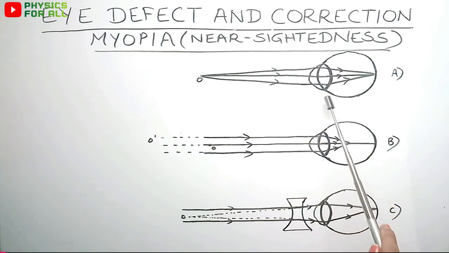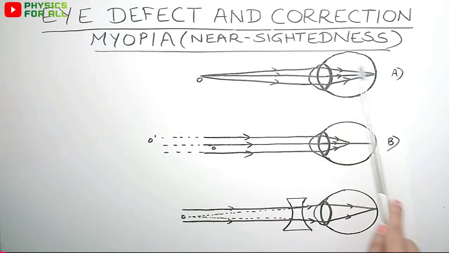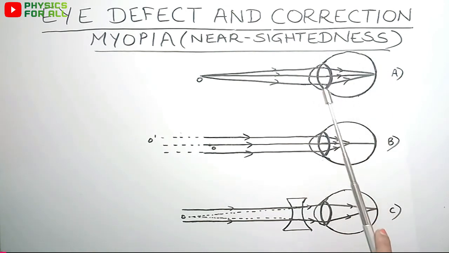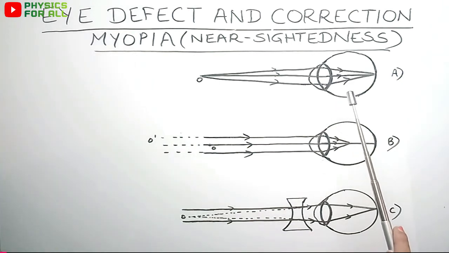And ciliary muscles are there, which I haven't depicted here, but we talked about those muscles and they perform a very crucial function. They hold the lens and they relax or contract depending on the situation. For example, if we have to see distant objects, the muscles relax and our lens becomes thinner so that the focal length increases.